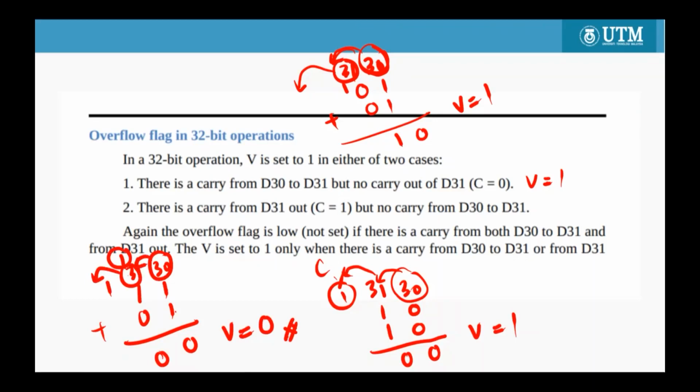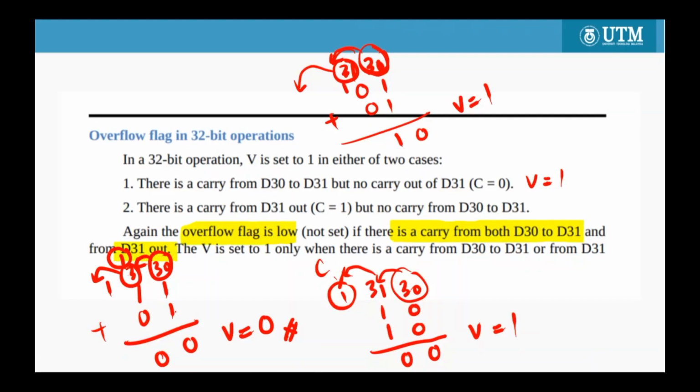So look at this description here. The overflow flag is low, equal to 0, if there is a carry from both bit 30 to bit 31 and out from bit 31.